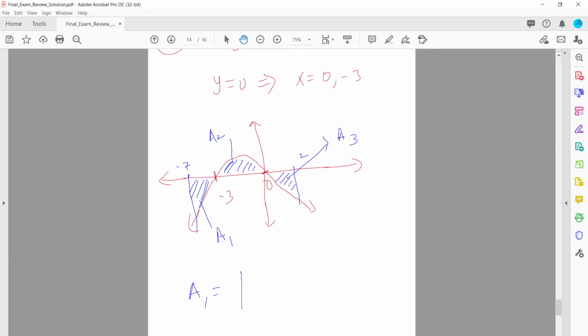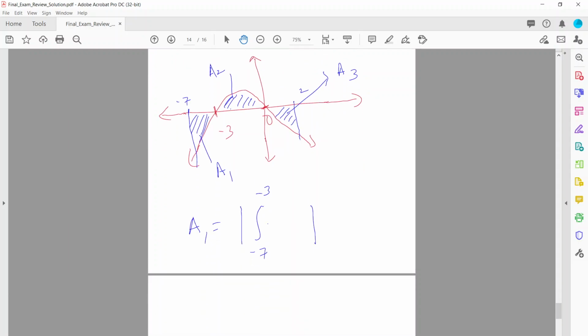I'm going to use this absolute value sign, integration from negative 7 to negative 3 of negative x square minus 3x dx. The meaning of this absolute value sign is make it positive.